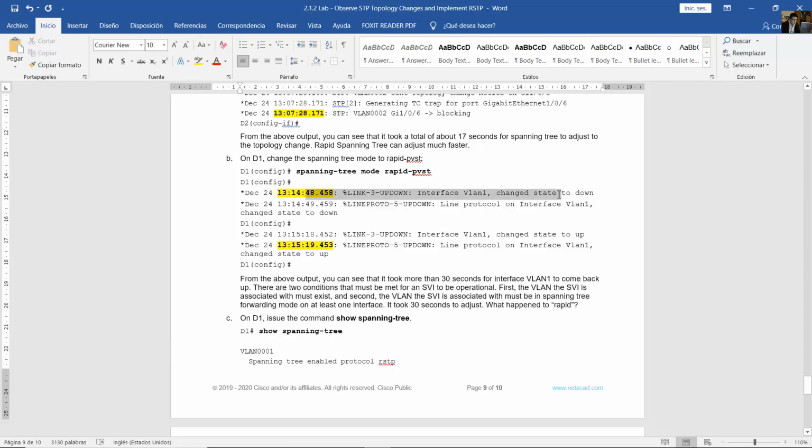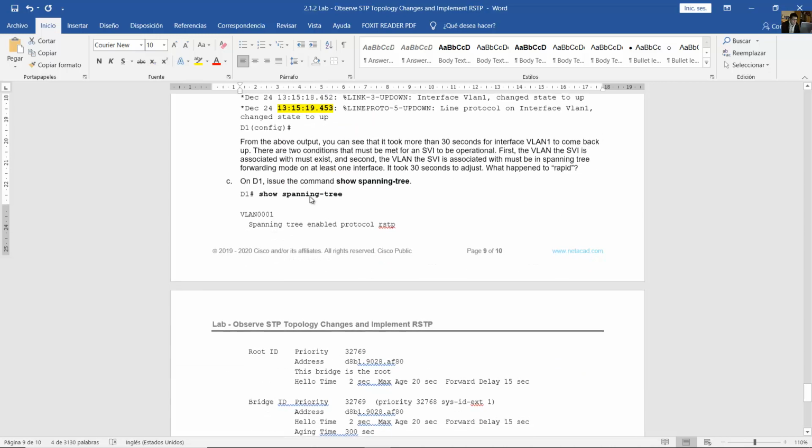But in this case, interface VLAN 1 changed state to down at 14:48 and state to up at 15:19, about 30 seconds. That is because D1 is the only switch configured with Rapid.